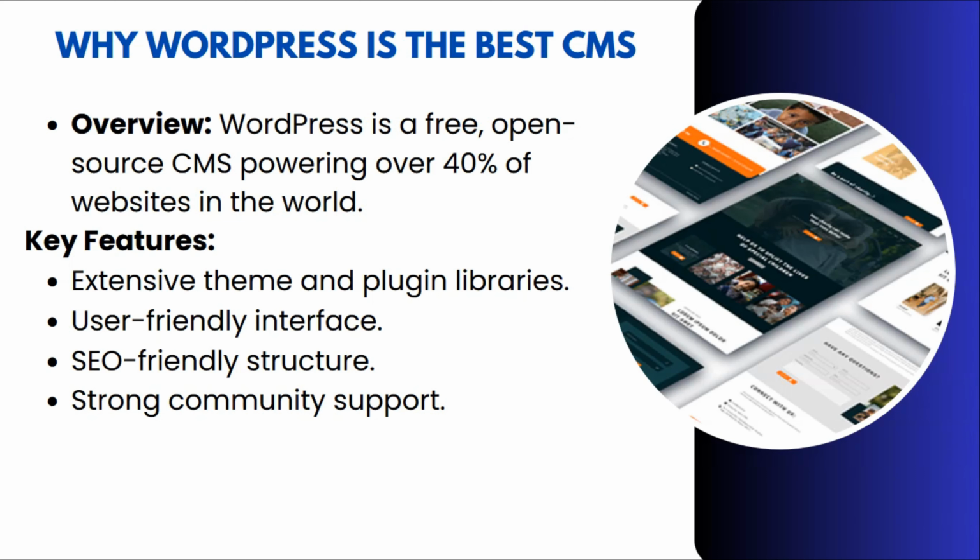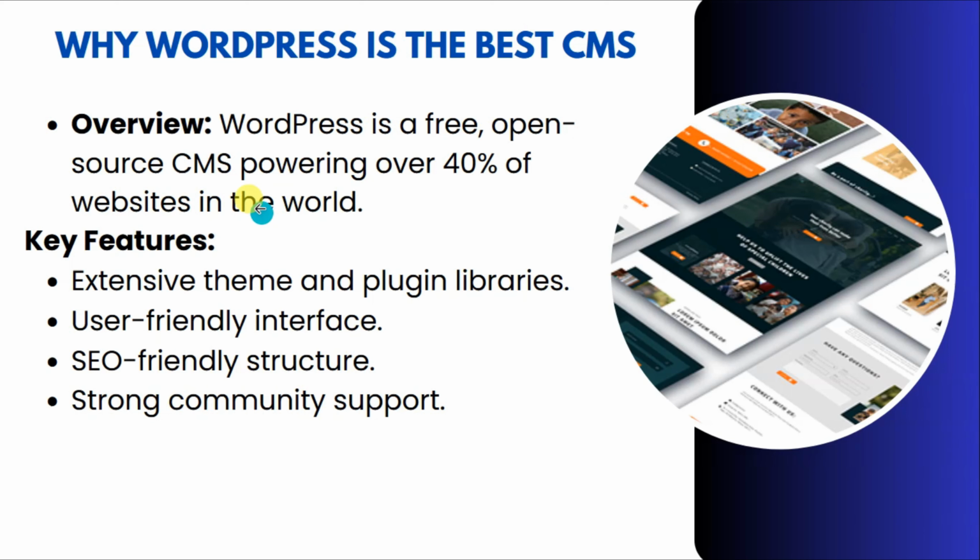So now, among all the content management systems out there, the most popular one is WordPress. Okay, and it is the best content management system. So why is it the best? WordPress is a free, open source content management system powering over 40% of websites in the world.